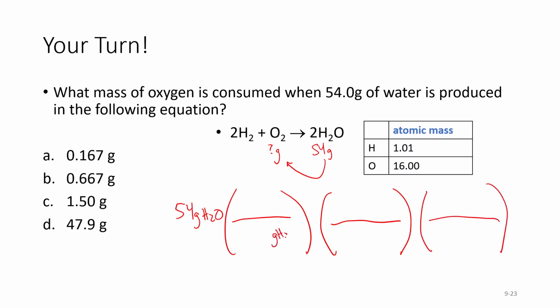Grams of H2O to moles of H2O. Moles of H2O. We can convert that to the new substance now, moles of O2. So that's our mole to mole ratio. And then they want the mass of oxygen, moles of O2 to grams of O2.